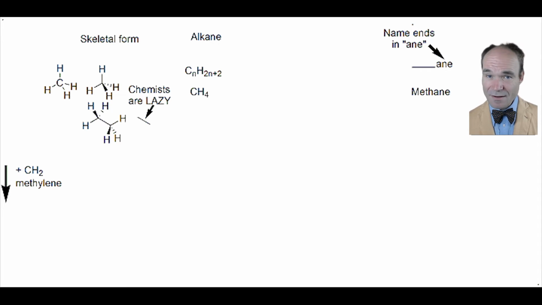It's tiring work going from that lazy form to what's actually there. But I really encourage you to get used to this lazy format as soon as you can, as you'll be saving yourself a lot of heartache further down the road. Okay, so that is the skeletal form.